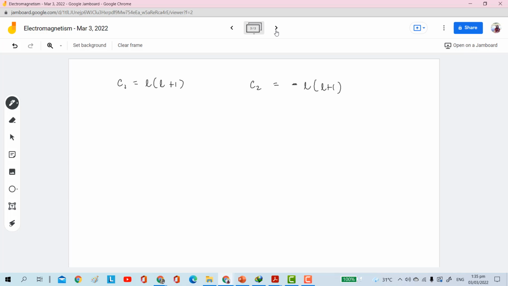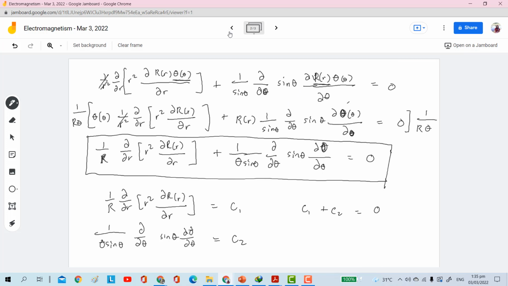Now, for this differential equation, let's go back so I don't have to write it again. This one, we will equate to L multiplied by L plus 1. And this differential equation, we will equate to minus L multiplied by L plus 1. Okay. Or we can actually simplify this one further.